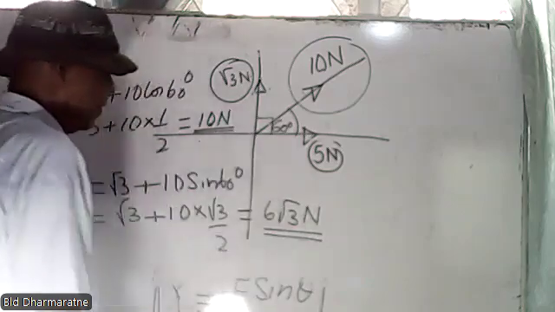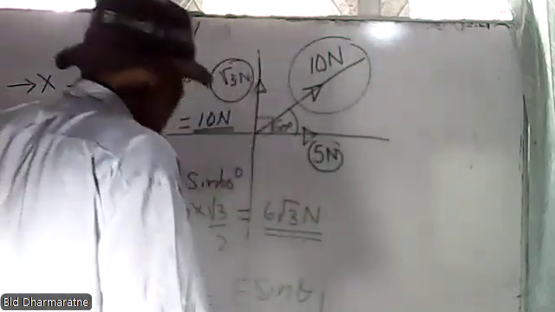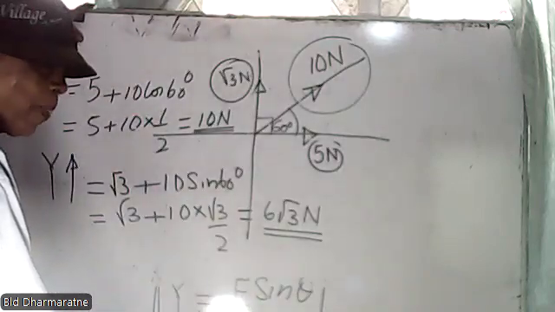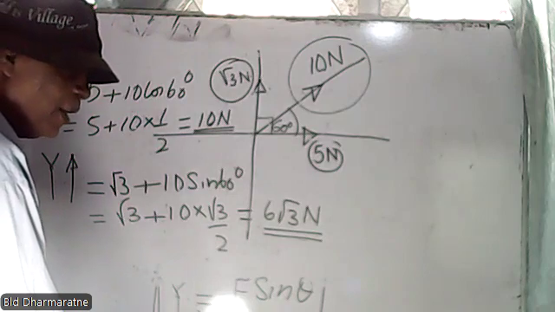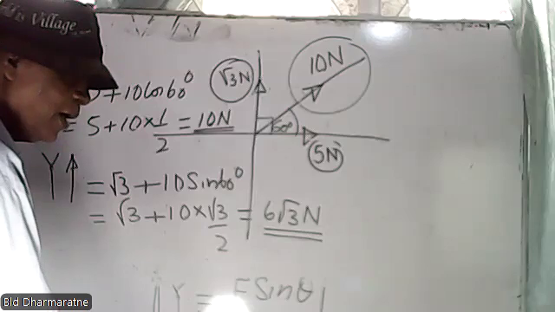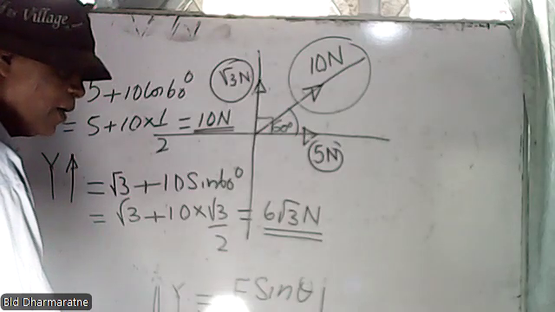Another example we take. There are so many forces, you remember that. Resolving force is very easy. If you consider the horizontal direction, neglect the vertical direction. If you consider the vertical direction, neglect the horizontal direction.